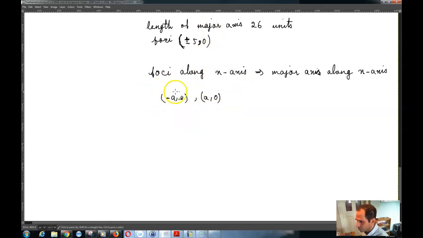Suppose I use the distance formula. I get the square root of negative a minus a, whole squared, plus 0 squared, and the distance of these 2 points is supposed to be 26 units.